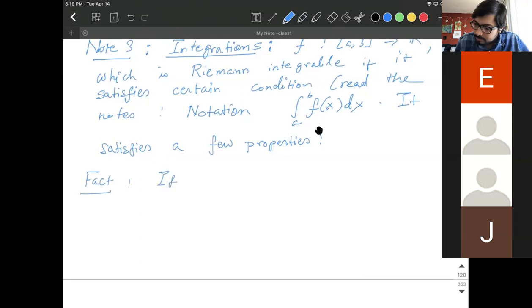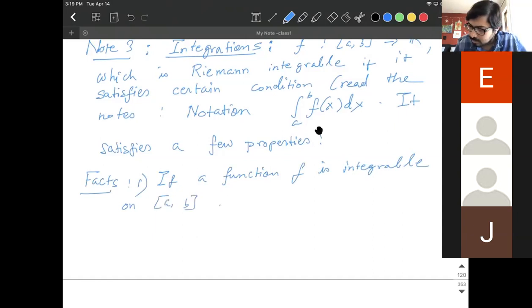Fact number 1: if a function is integrable on the interval a, b, then it is also integrable on each subinterval.